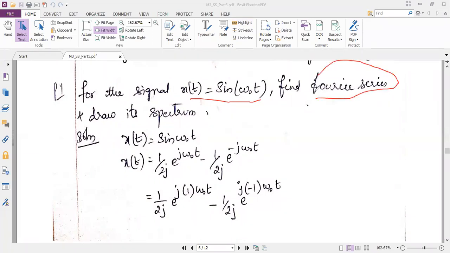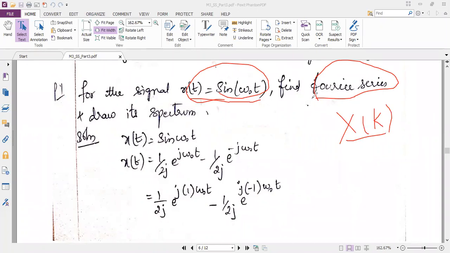So find Fourier series means I need to find capital X of k from the given data of x of t. So using x of t, I should find X of k, and for that X of k, I need to draw the spectrum. That means I need to draw the amplitude separately and phase separately.